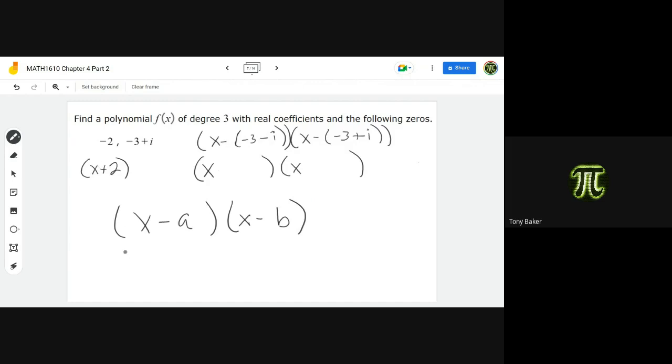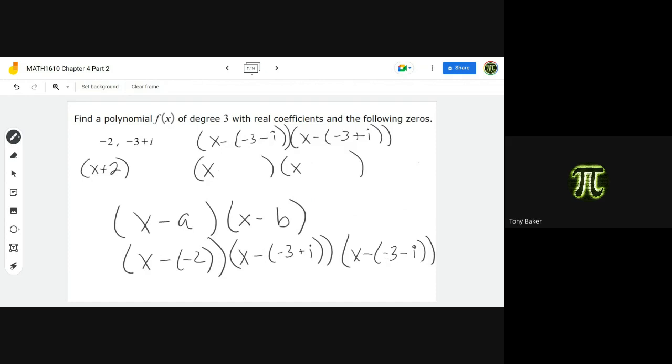So that x plus 2 is really x minus negative 2. Okay? Which means this is really x minus negative 3 plus I. And then x minus the conjugate, which is negative 3 minus I. Always minus.